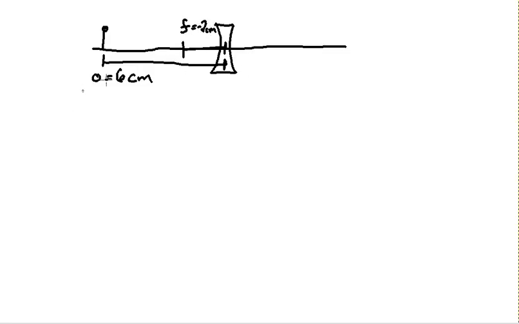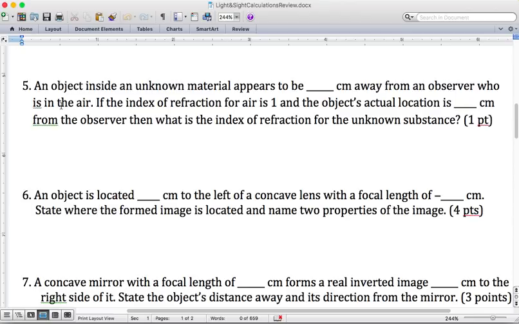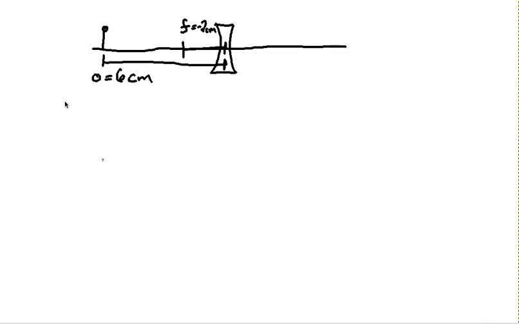Okay, so looks like we're missing the I. That's probably what we need to find: where the image is located and 2 properties of it. So we want to find out what I is. I already did this a bunch of times, and we already spent 25 minutes on 2 problems, so let's speed things up here.